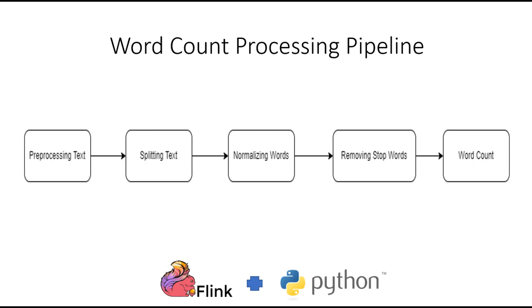After that, the words are normalized by removing punctuation to treat variations of the same word as identical. Common stop words are then removed to focus on the most relevant words. Finally, the remaining words are counted to determine their frequency, and the resulting word count table is stored for further analysis.